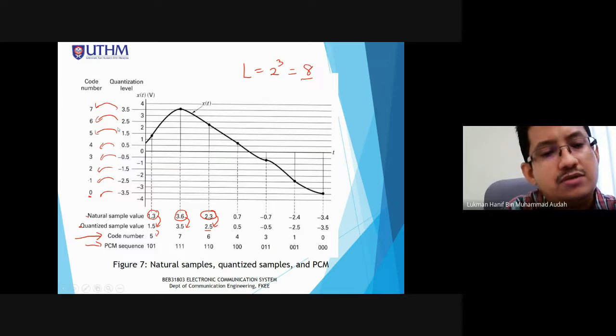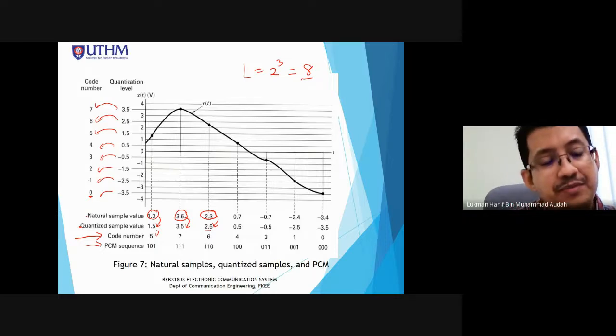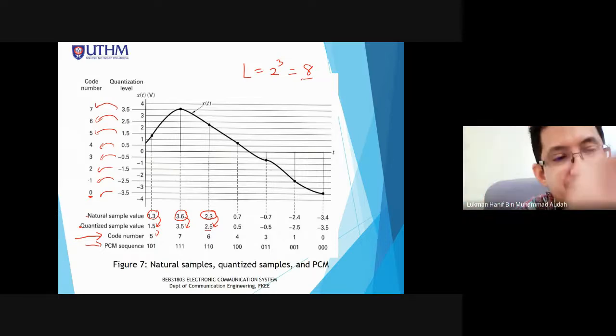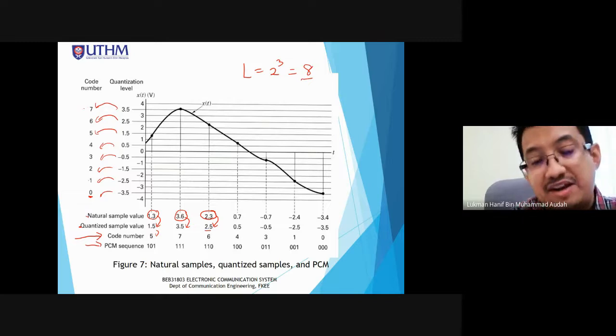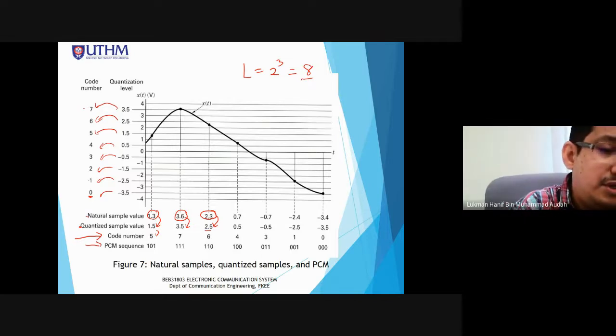Pada kebiasaan macam saya sebut tadi, code number diberikan kosong daripada yang paling rendah, sehinggalah yang paling maksimum. So sampai 7 lah, so kita ada 8 in total. So that means ini dalam decimal.